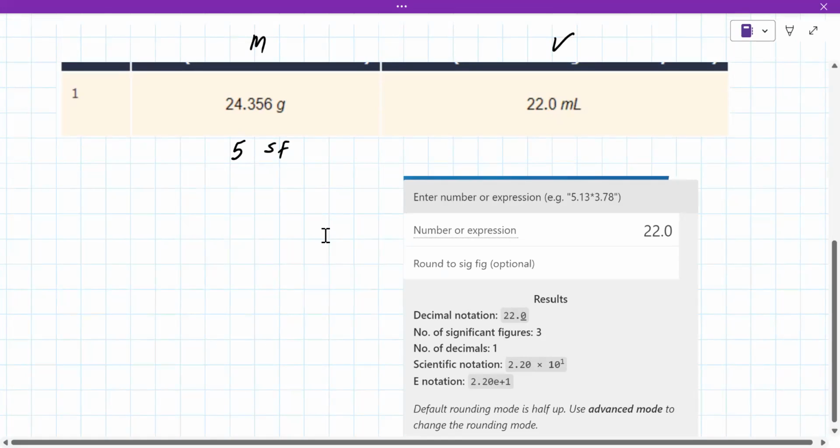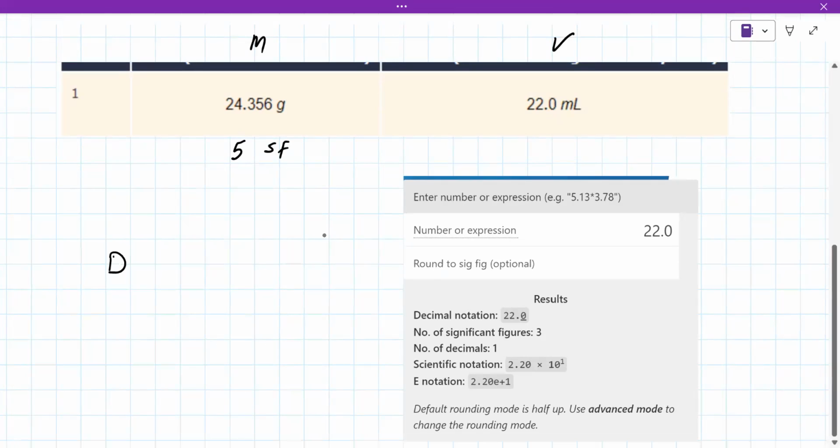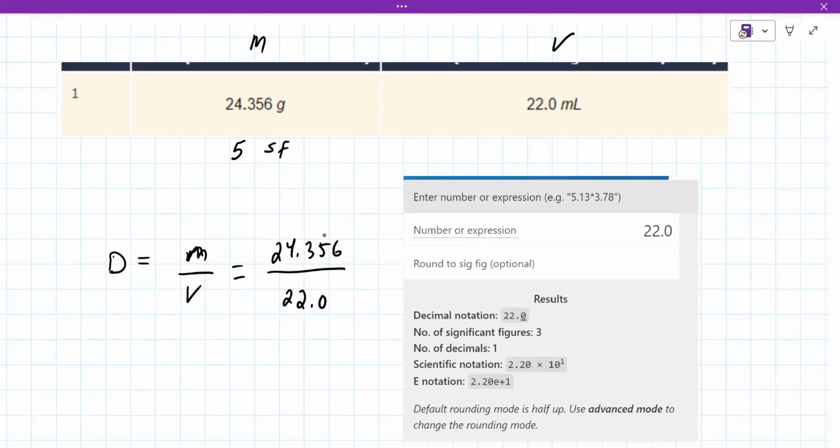So a lot of explanation on the first one. The density is mass divided by volume. So it's 24.356 over 22.0. You divide this and then round to 3 significant figures, because you use the minimum, whichever one is the minimum. Is that okay? Okay.